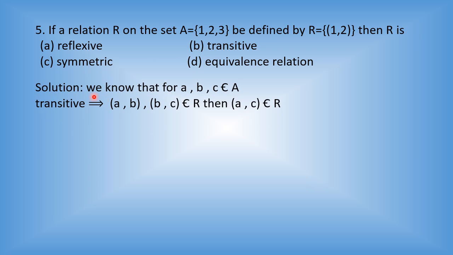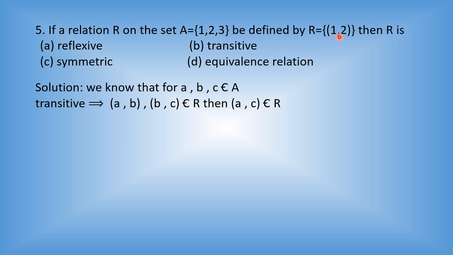We'll check here. We know that for a, b, c belonging to the given set A, transitive means whenever (a, b) belongs to R and (b, c) belongs to R, then (a, c) belongs to R. That defines the transitive relation.